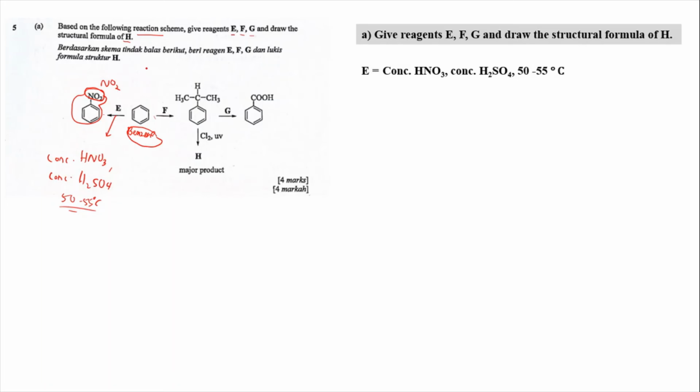So this process is known as the Friedel-Crafts alkylation, because there is an addition of an alkyl group. The previous one was nitration, because of the addition of a nitro group.